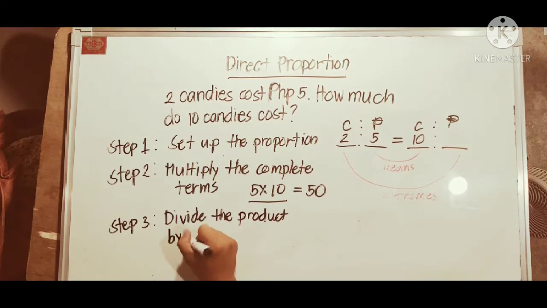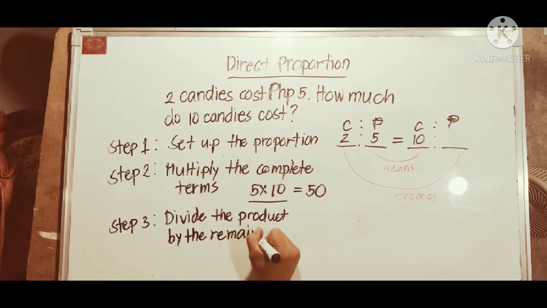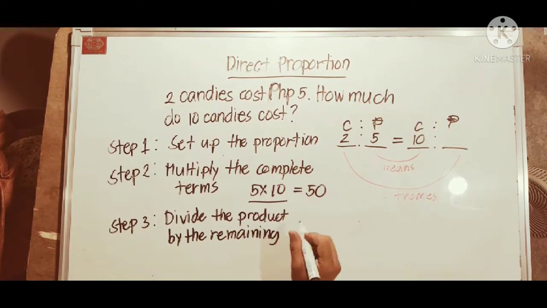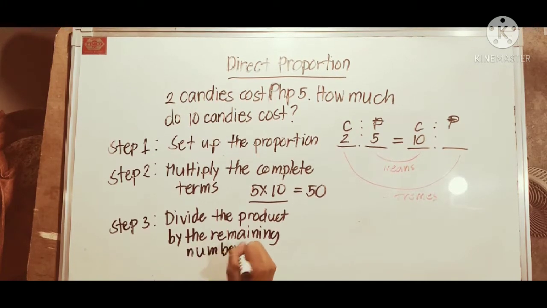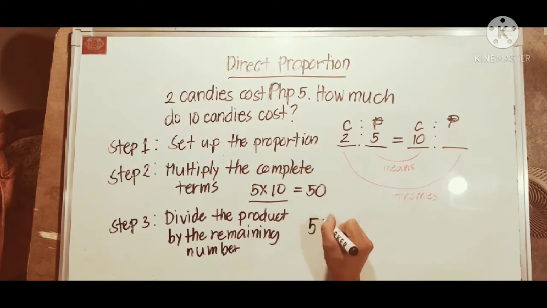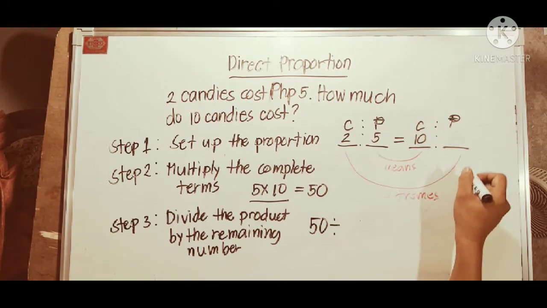What is the product? That is 50, divided by the remaining unused number, 2. It has no pair. So 50 divided by 2, the answer is 25.